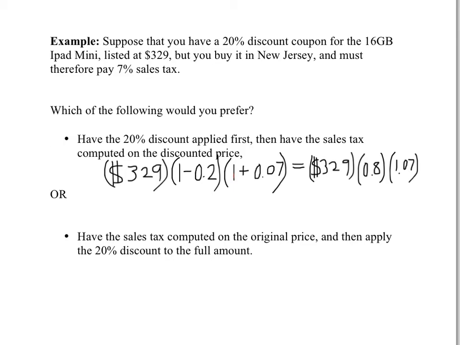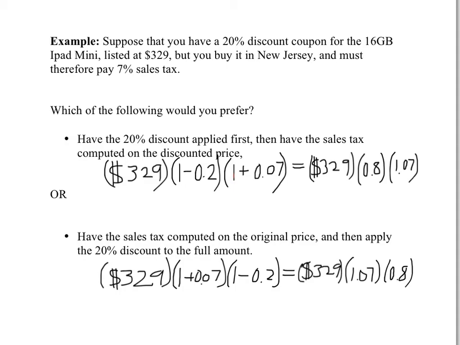The other approach takes the list price, multiplies by the growth factor for sales tax, then by the decline factor for the discount, and that's just multiplying the same three numbers together, but in a different order. So the product will be the same. In spite of the intuition that someone might have that one approach is better than another, in fact, we see mathematically that it doesn't really matter.